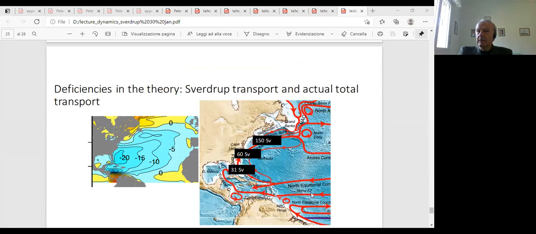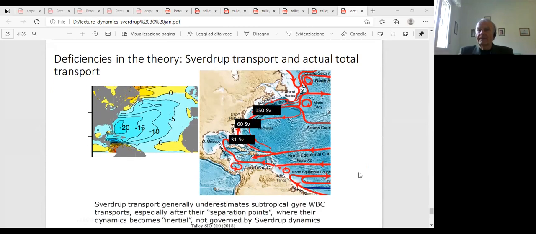Let's see what is the amount of water transported by these currents. This is a huge amount of water. You can see here that in the Gulf of Mexico, the rate of water transport is 31 Sverdrup.